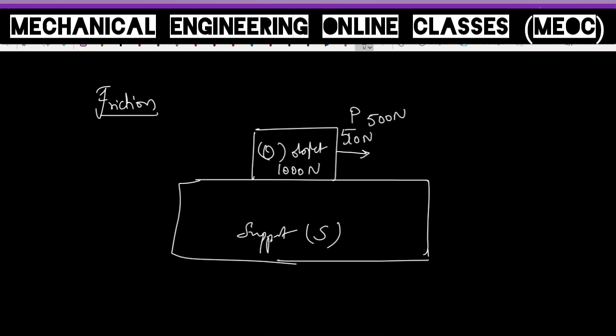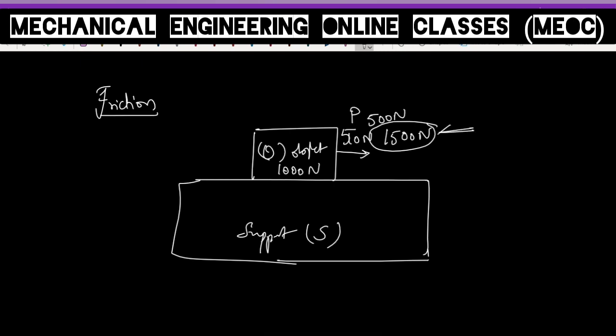Now, from 10 to 500 Newton I have realized that these forces are in no way sufficient for the object to move. There is not even a tendency of motion. So this time we increase this external force to 1500 Newton, and let us assume that the object started sliding.